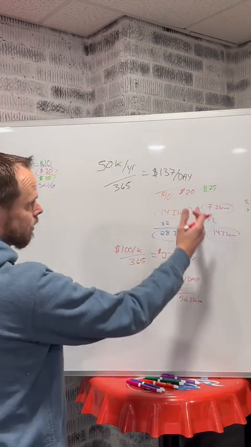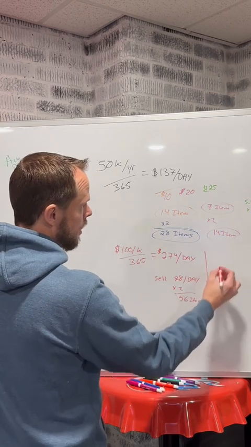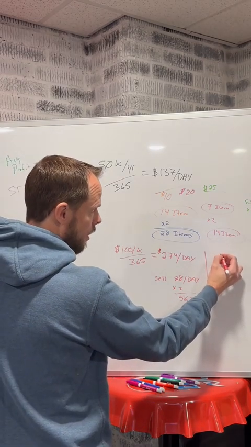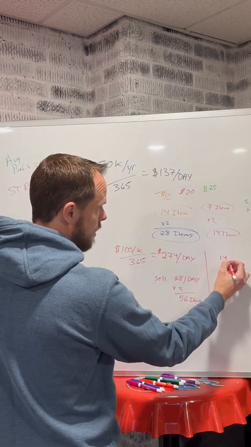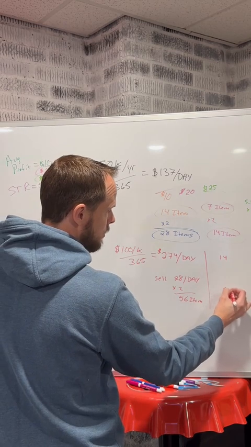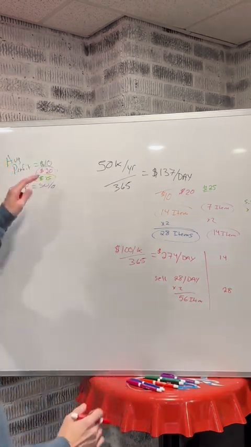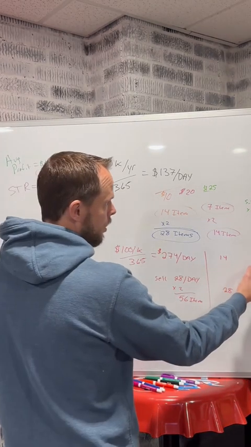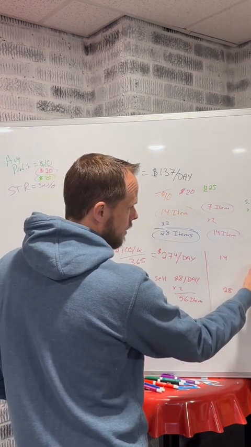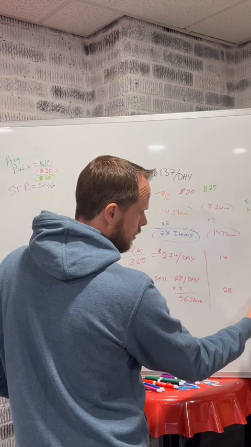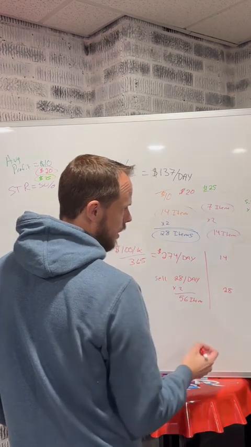And same thing, if we're at $20 an item, we have to sell 14 items a day, or list 28 items every day. And then if we look at $25 per item, we're at 11 and 22 per day.